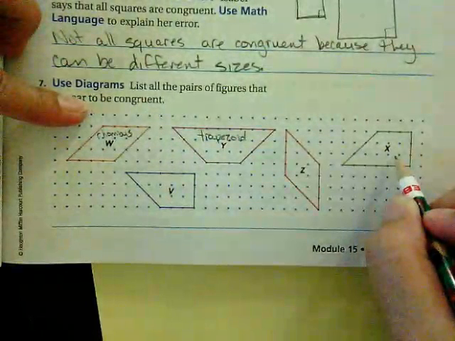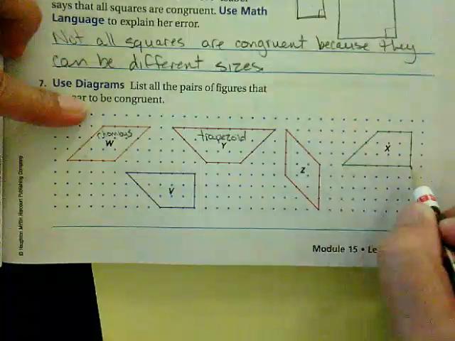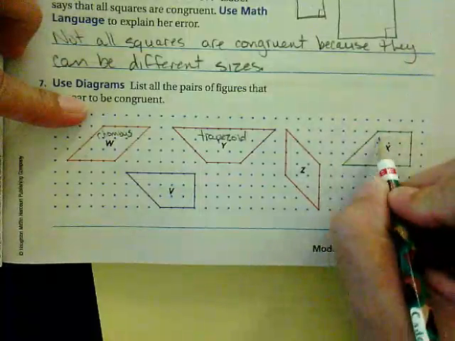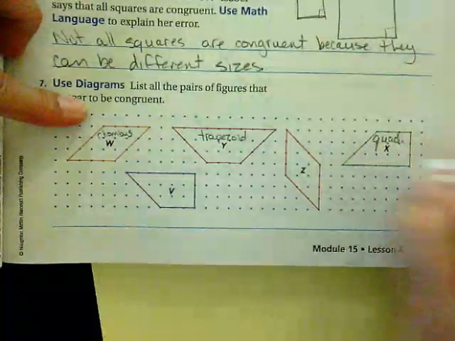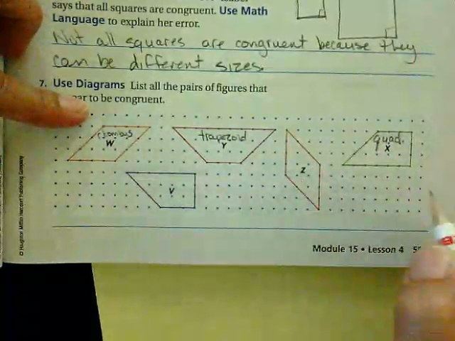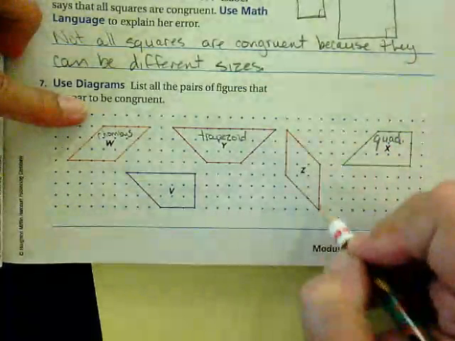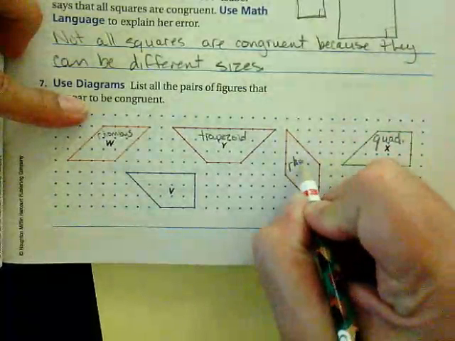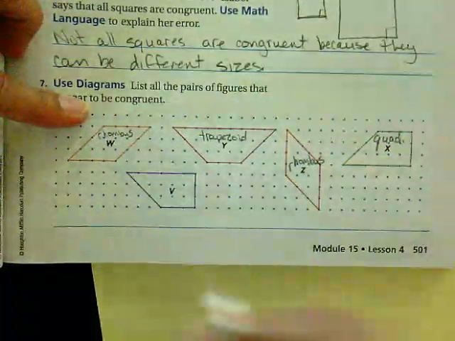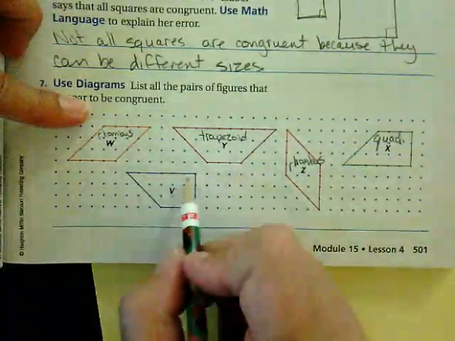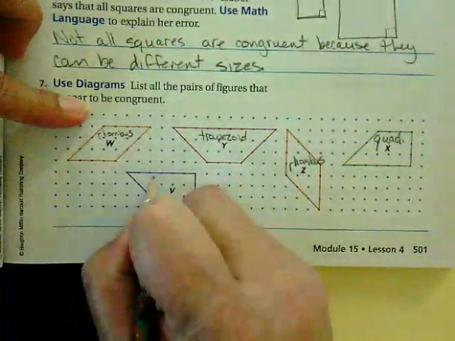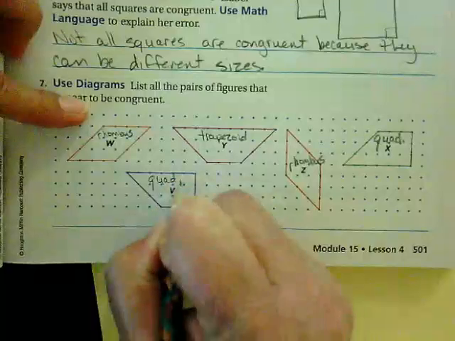How about X? Well, it's got 1, 2, 3, 4 sides, so it is a quadrilateral. How about Z? Well, Z is a rhombus as well. How about V? 1, 2, 3, 4. It is also a quadrilateral.